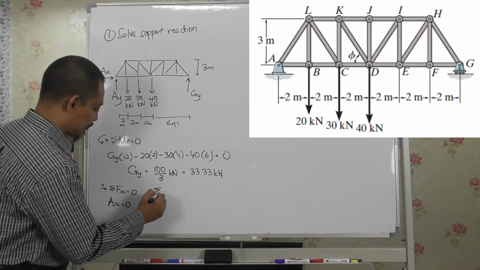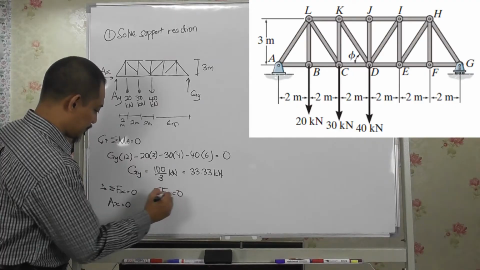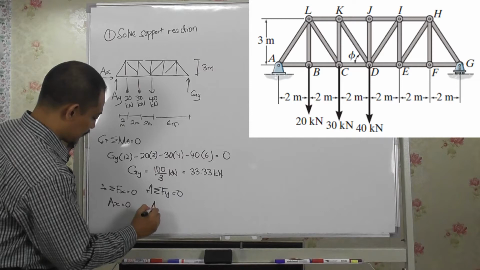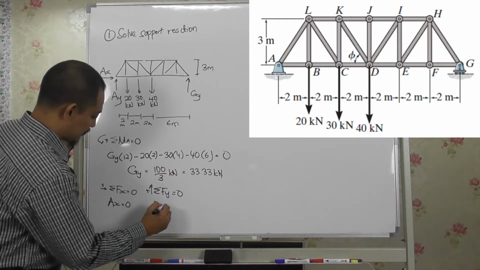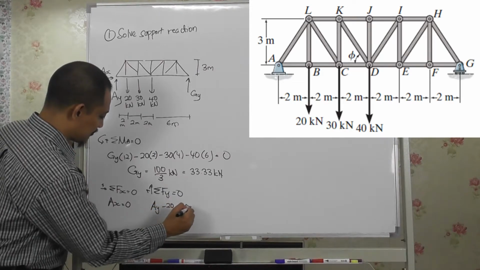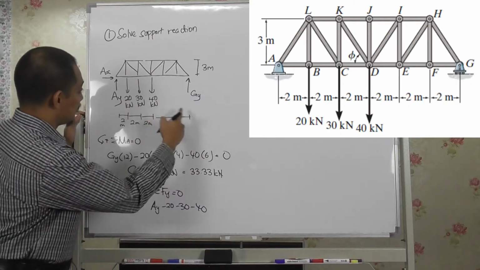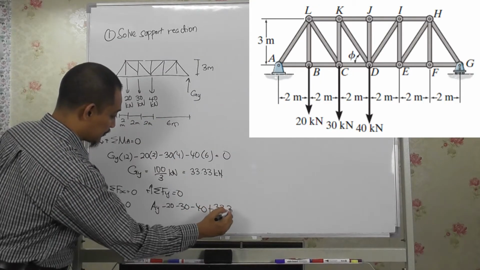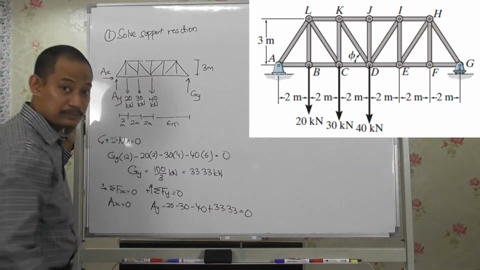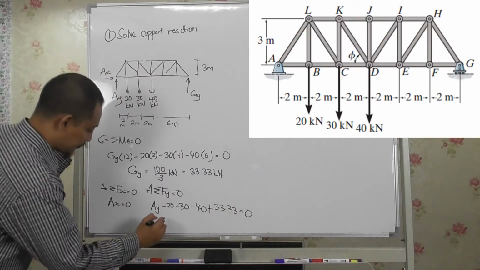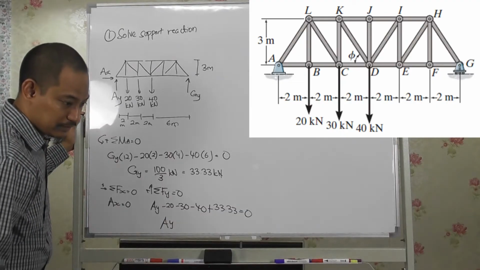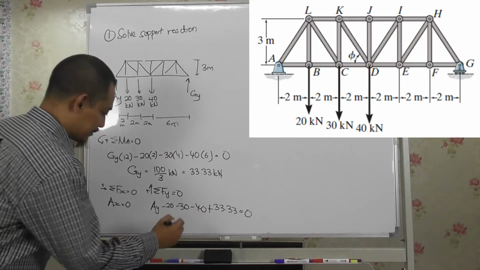Then summation of fy equal to 0, taking upwards as positive, so you have ay upwards, minus 20, minus 30, minus 40, and then plus this 33.33 equal to 0. Then you can solve for ay, which is 56.67.